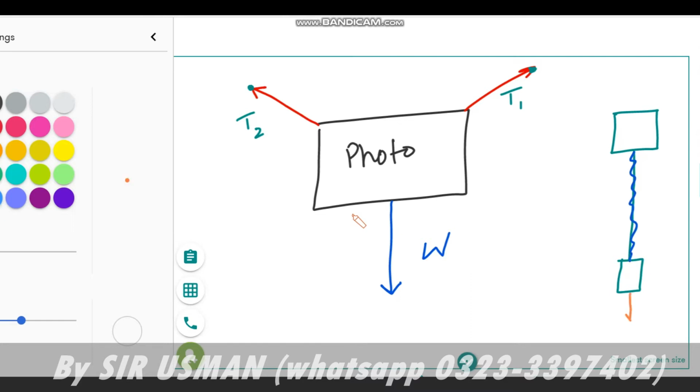So the weight is downward. So the force by which it is in its position, let's say the bucket, is the upward force. So it is always away from the object on which we are applying the force, and from your source, it is in the downward direction. So if we are talking about the photo hung on the wall, the tension is away from it. So is it clear?